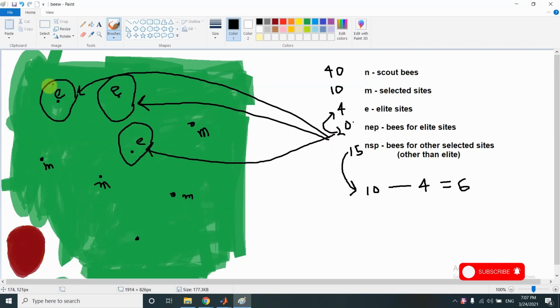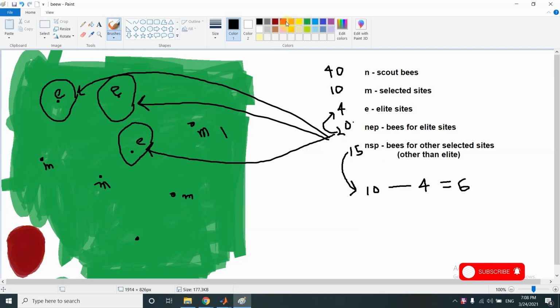As you can see, the area that I have circled is the neighborhood of these elite sites. So these NEP number of bees will go towards the elite sites and look for food within the neighborhood of these sites. Similarly, these NSP number of bees will be sent to the selected sites which are not elite. That is, these M sites.